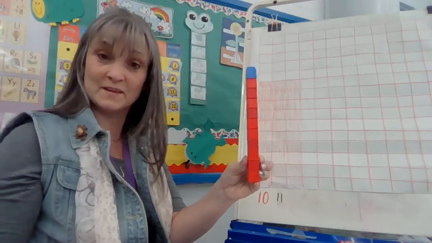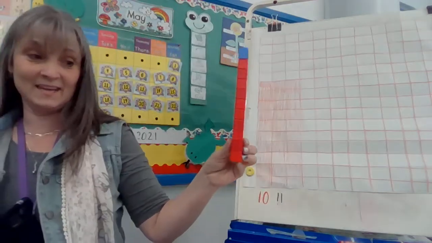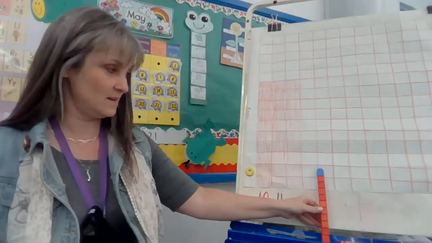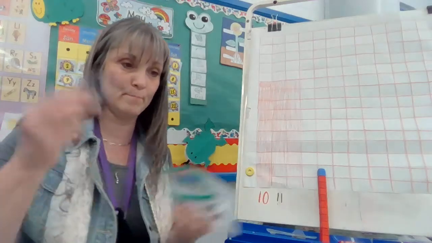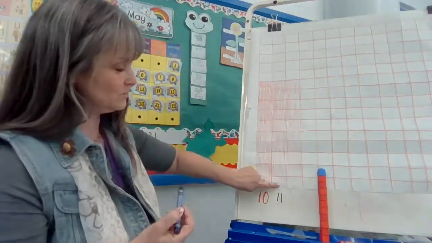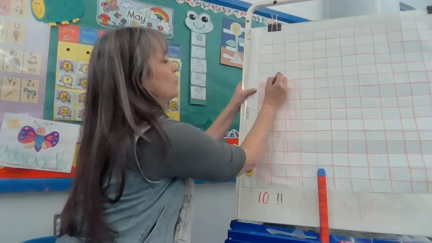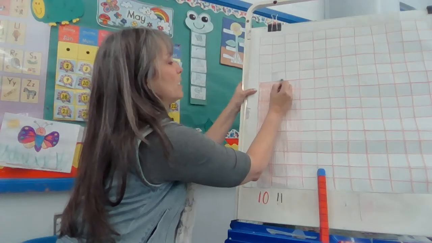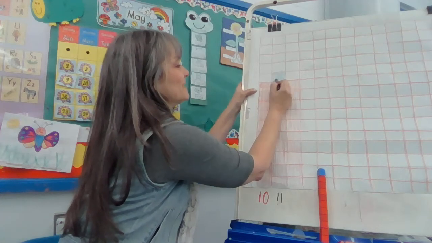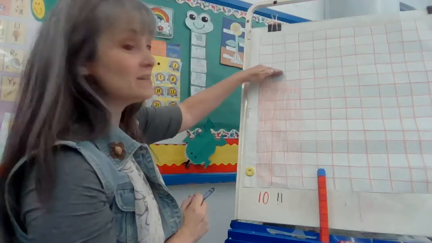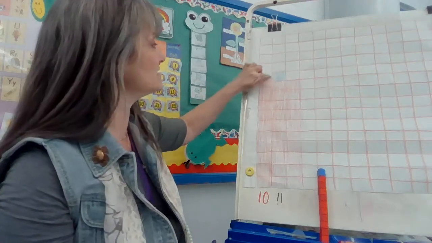So when you look at this, you can see that it's 10 and one more. Set it there for a minute and I'll get out my blue crayon. So here's my 10 and one more. This is 10, one more makes 11. Kind of like a little staircase.